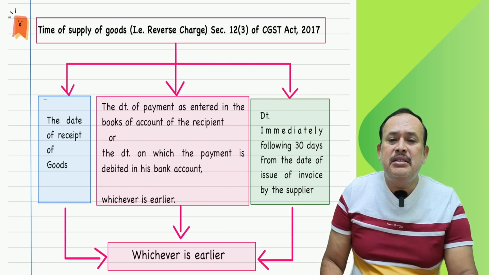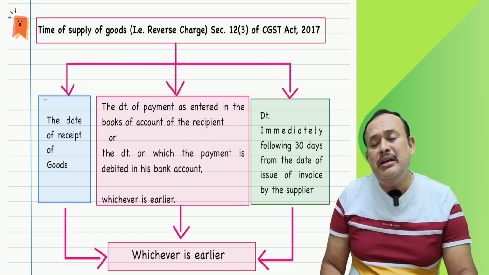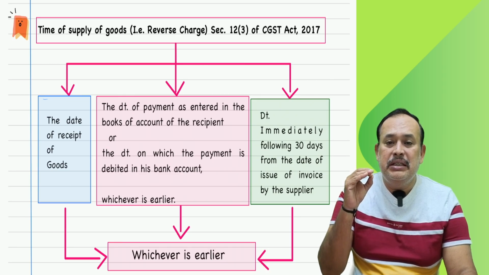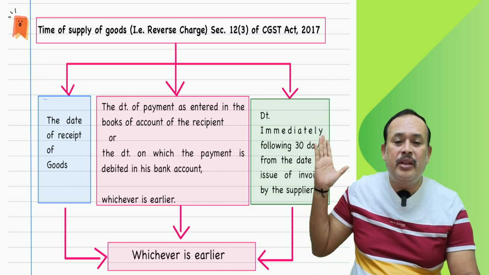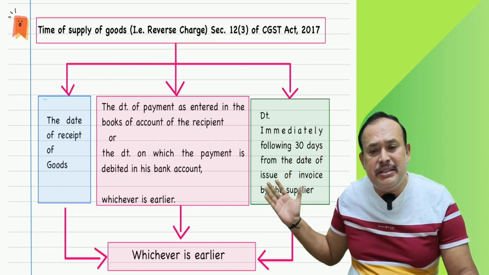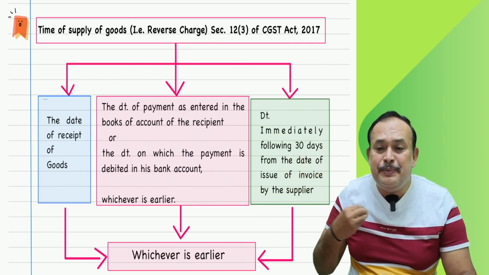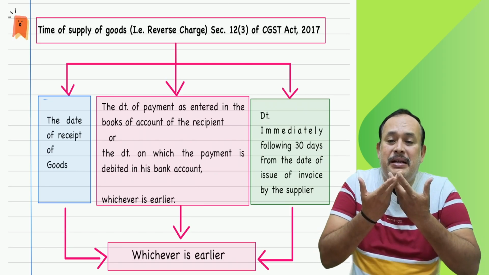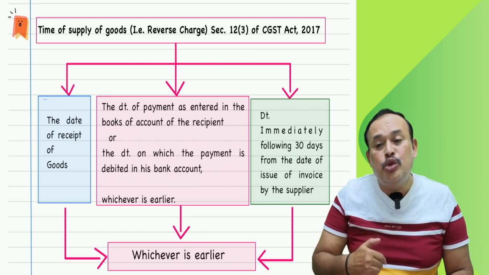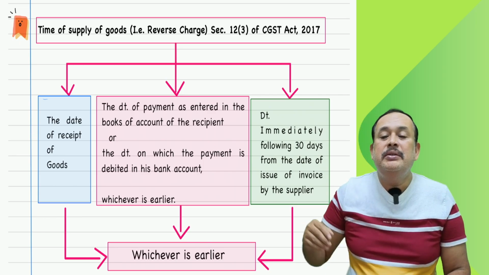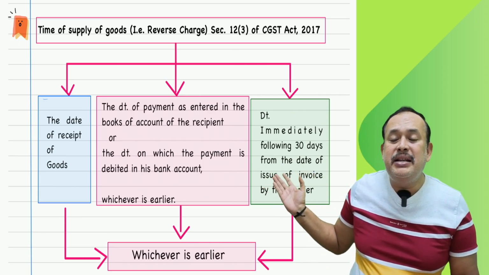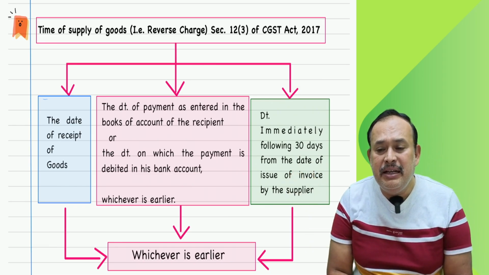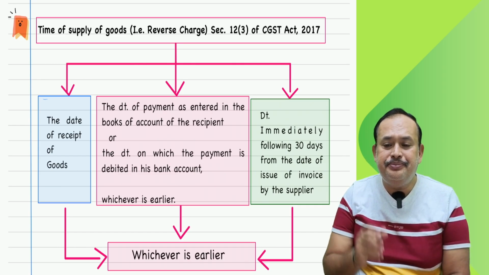In the case of supply of goods, where time of supply for reverse charge, section 12 subsection 3, there are three occasions they have explained. Date of receipt of the goods by the recipient, date of making the payment by the recipient to the supplier of the goods, or 30 days from the date of invoice.